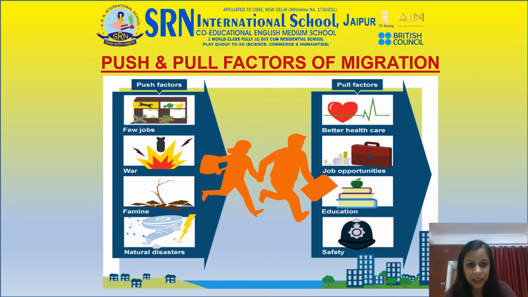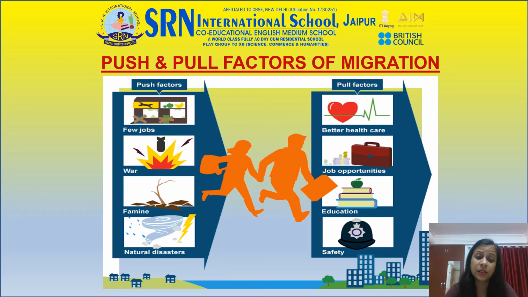As you can see, push factors and pull factors are very important in determining population change. When we talk about push factors, these factors push an individual out of that place. They make the place less attractive. For example, few jobs, the conditions of war, famine, and natural disasters all make a place less attractive.